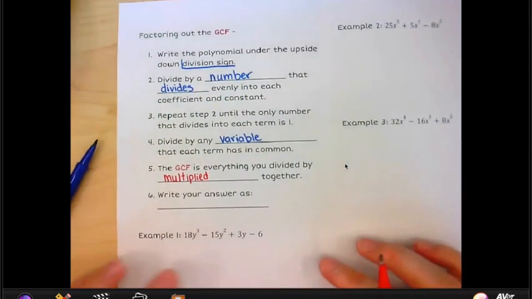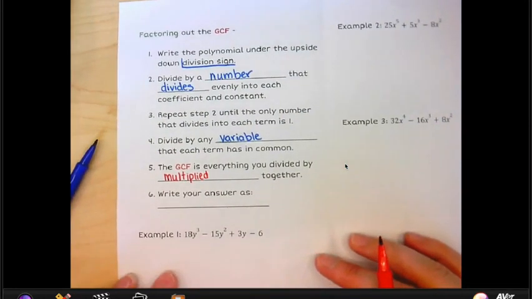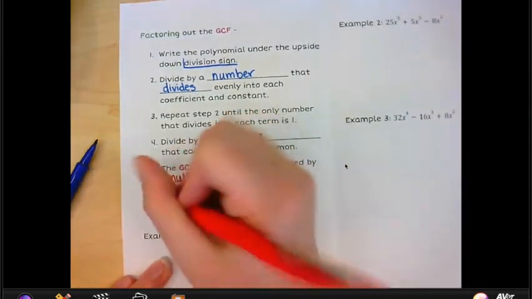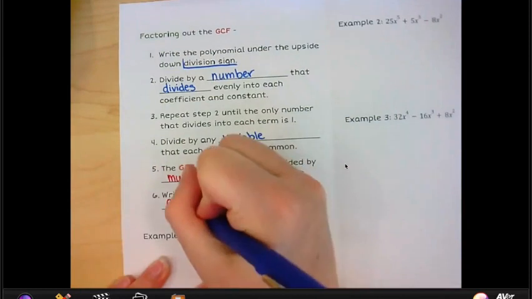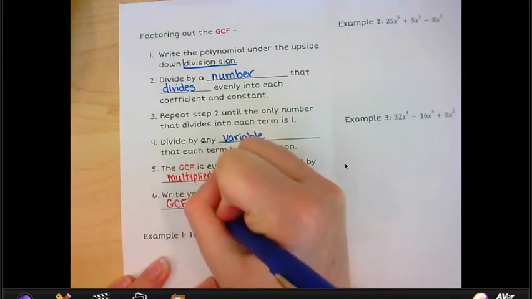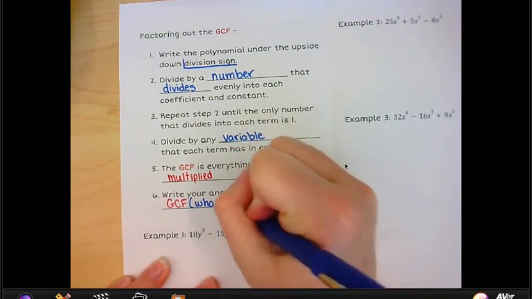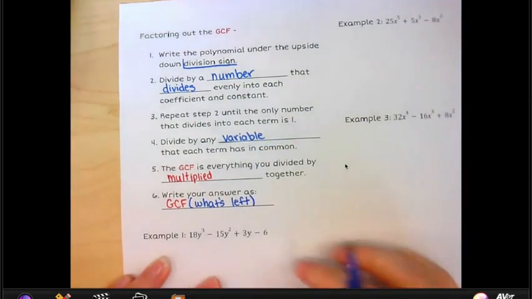So anything you divided by in steps 2 and 4, you're going to multiply together for your GCF. And we'll write our final answer as the GCF on the outside times what's left on the inside of the parentheses.